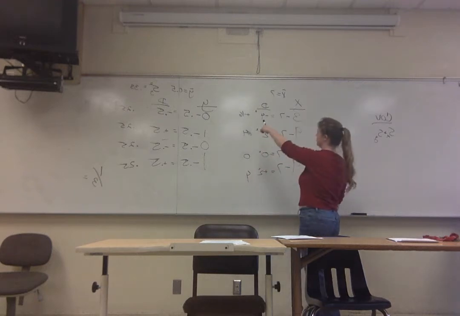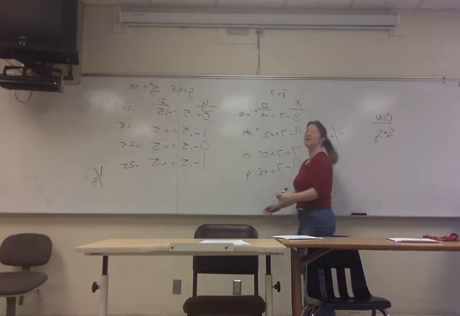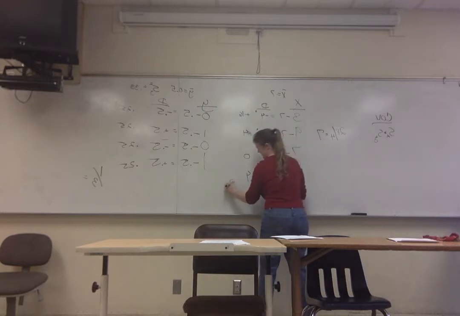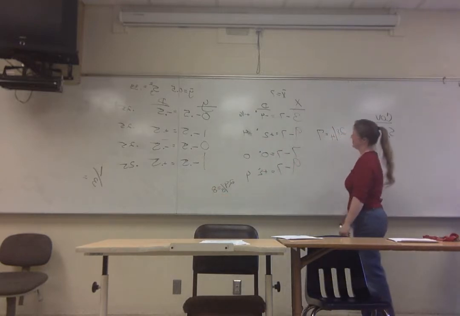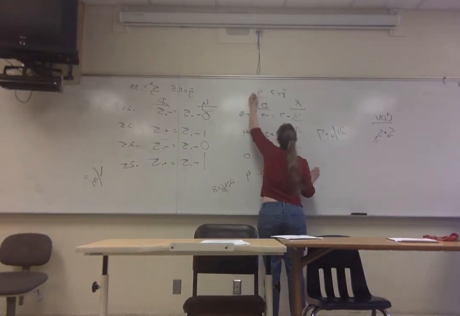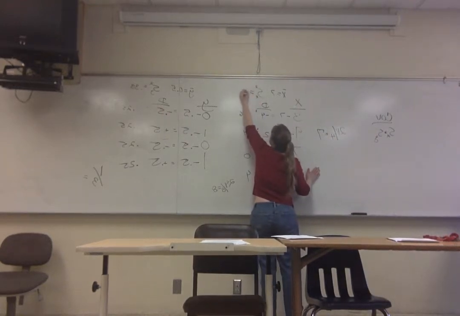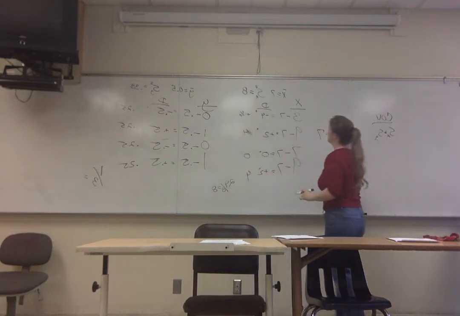Wait. 24 divided by 3. Oh, yeah, divided by 3. So 8. And minus 1. Got it. So then the variance for x is 8. Made it bigger on purpose.